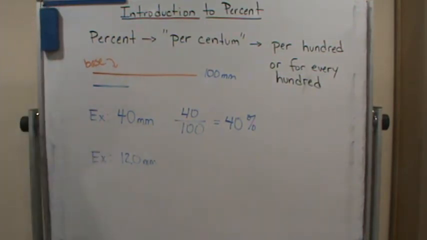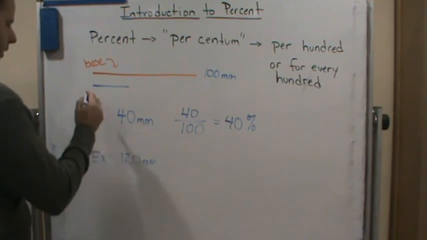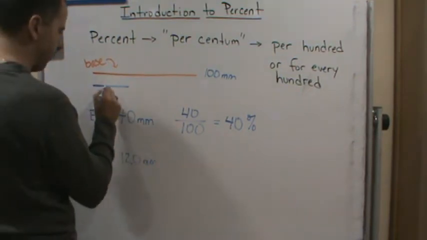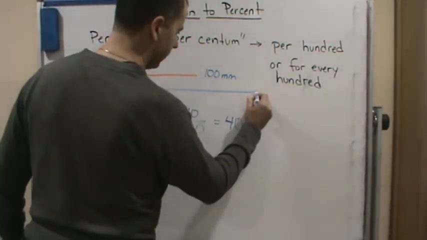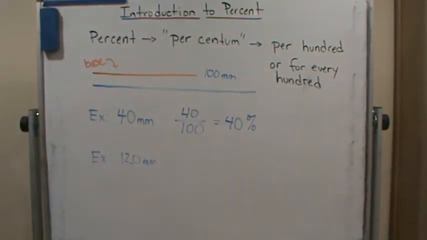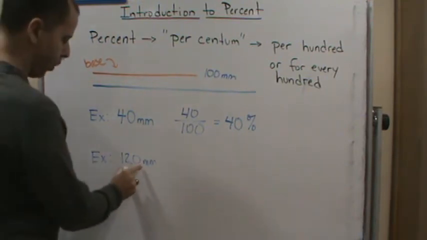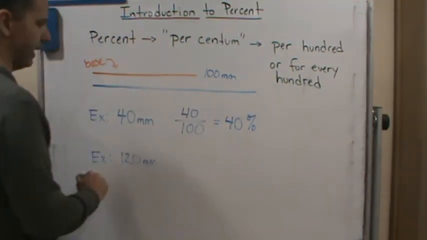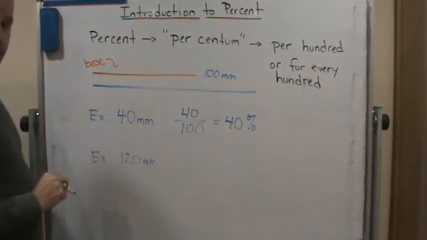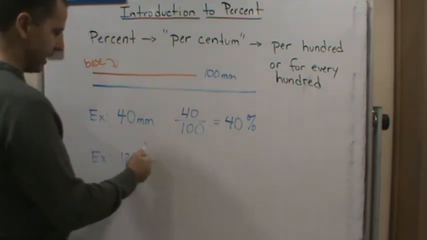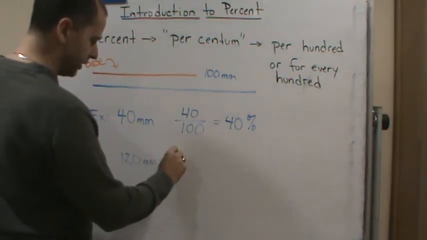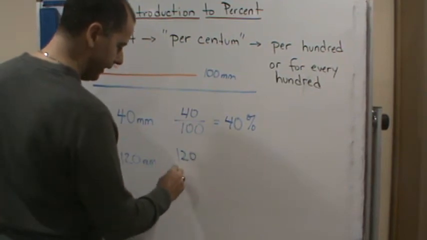Now, sometimes the length that we're interested in comparing to the base length is longer, which means that we're going to get something that's over 100% of the base length, right? So again, if I have a 120 millimeter length and I have a 100 millimeter ruler, then the comparison is, again, set as a fraction, it's going to be 120 out of 100.